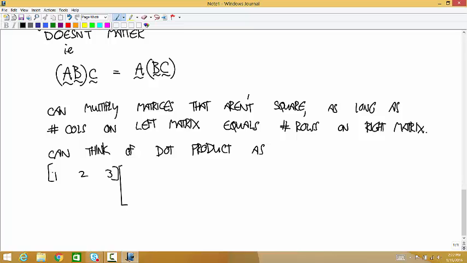So that's a 1 by 3 matrix multiplied by a 3 by 1 matrix. That gives you the dot product. Okay. Any questions about any of those calculations?